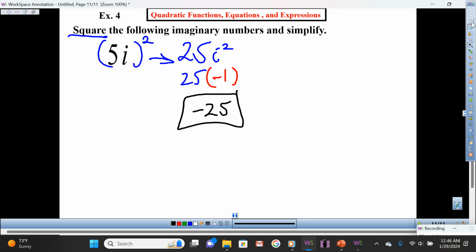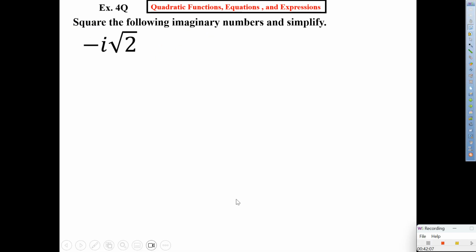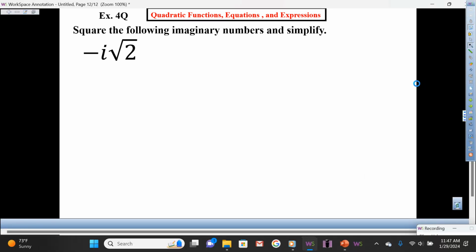Here goes another one. Crank it up a bit. Copy this one. Example 4 cubed. Reeling you guys in little by little. And we're going to do what? Again, square it, yes? So, what is -i times -i?